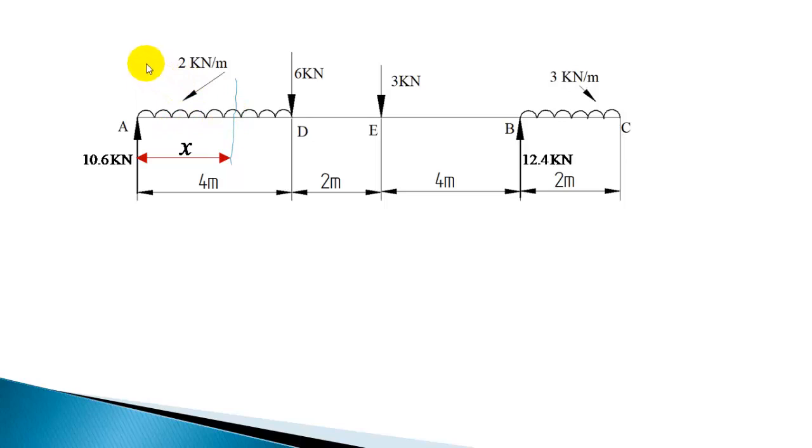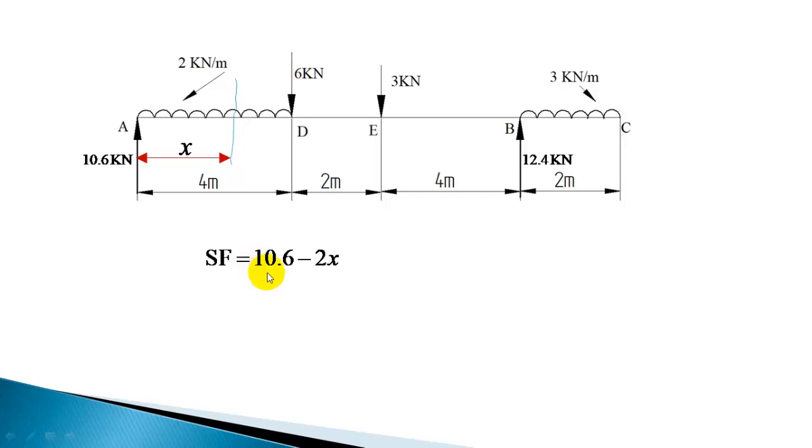If you substitute x as 0 you will get 10.6, and x as 4 meter you will get 2.6.